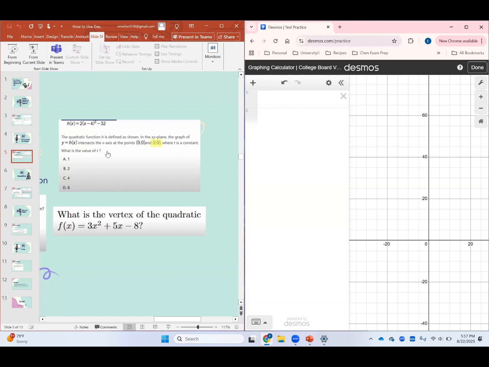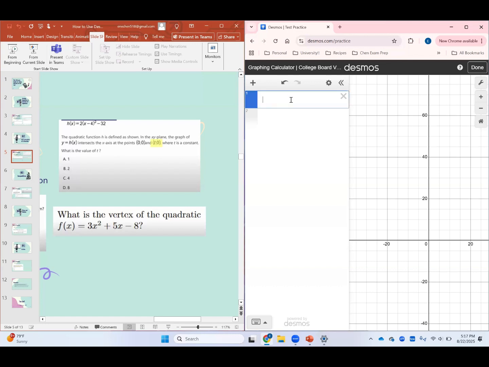Okay, so here they're not asking for a vertex point. They're asking for an x-intercept. And you can tell that because the y value is 0. So if you don't want to solve for the x-intercepts by setting y to 0 and solving for x and everything like that, you can simply just plug it into DESMOS.